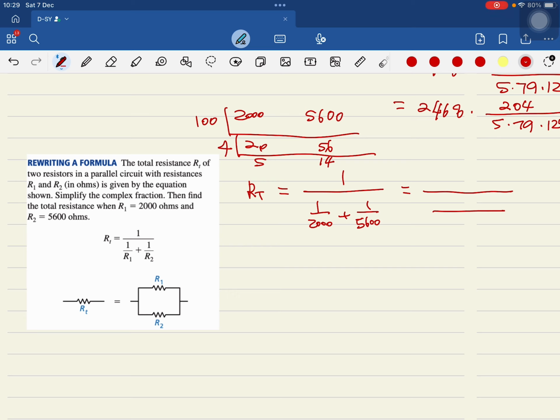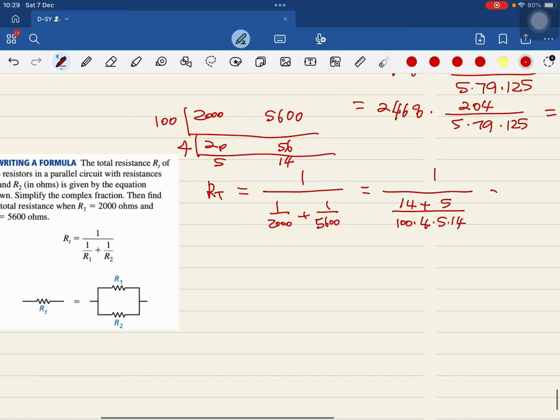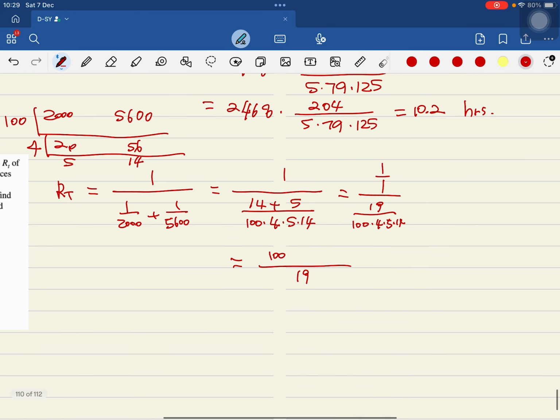So again, 104, 5, and 14. So 2000 doesn't have 14 here, plus it doesn't have a 5 here, and 1. So this is 19 over 104, 5, 14. Because this is like a double fraction, we can say this is 1 divided by 19 over 104, 5, 14.